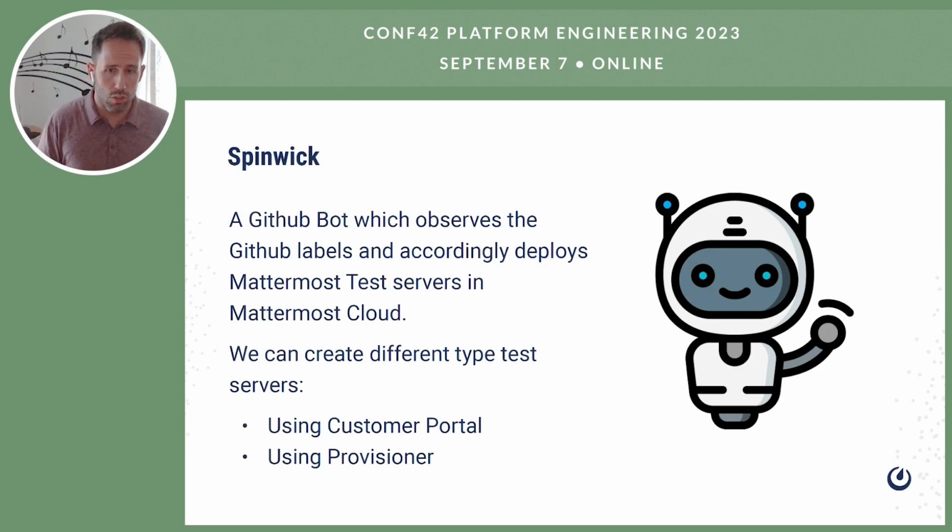For that reason, we created a GitHub bot called spinwick, and what it does is observe the GitHub labels in terms of the webhook event, and accordingly deploys Mattermost servers in Mattermost Cloud. So we have different types of test servers, using the customer portal through the CWS, the customer web server, and using provisioner.